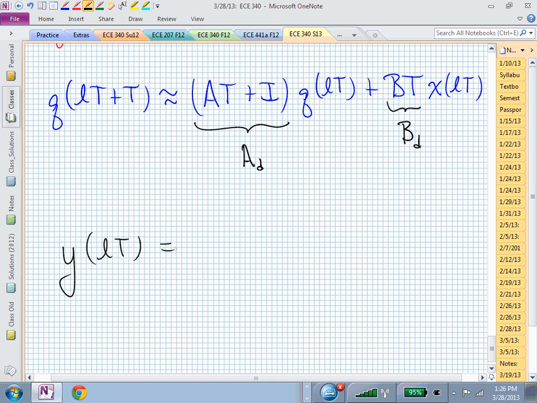There were no dynamics, so the C q of LT, and to be general, I could say D x of LT. And that C is exactly the same as the C sub D if I wanted to subscript my discrete time. This structure on the output is exactly the same as the continuous time output matrix structure.